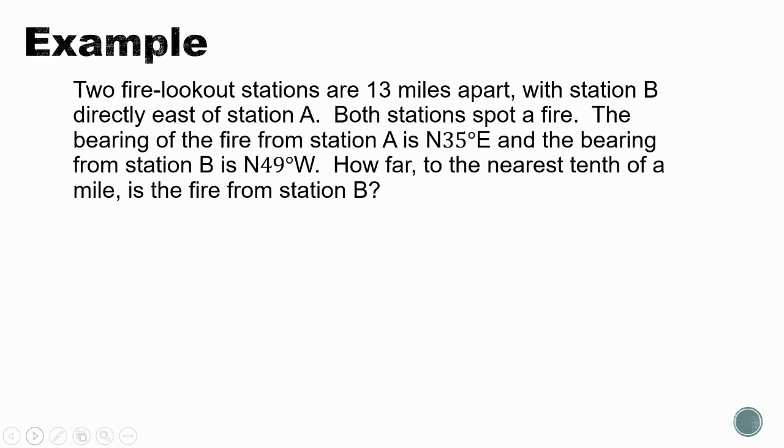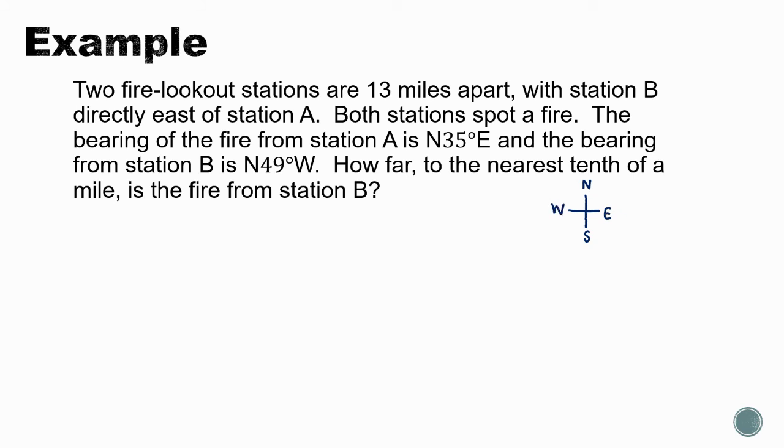All right, so let's look at some problems with bearings. This should remind us of what we did in previous chapters. So sketching a picture is going to help us out here. It says two fire lookout stations are 13 miles apart, with station B directly east of station A. So once again, think about your compass. You have your north, your south, your east, and your west.